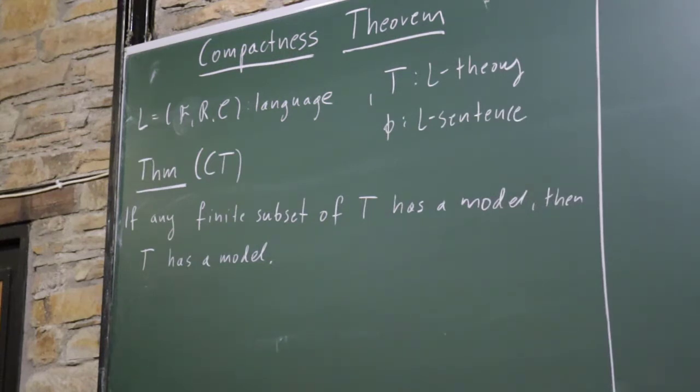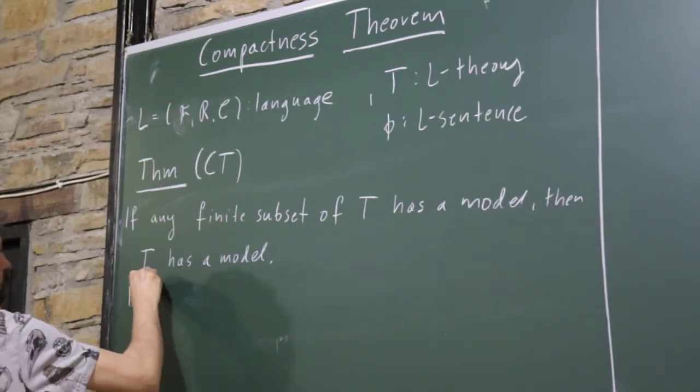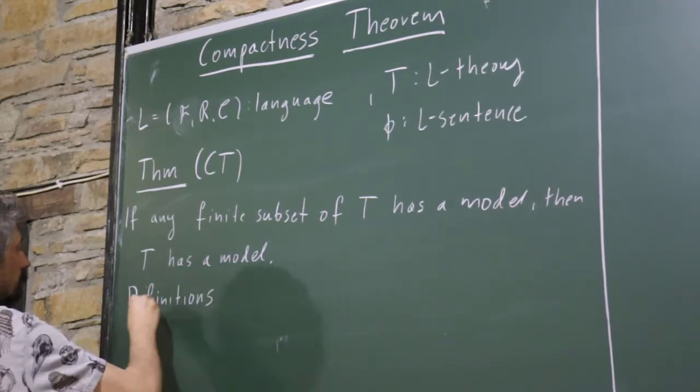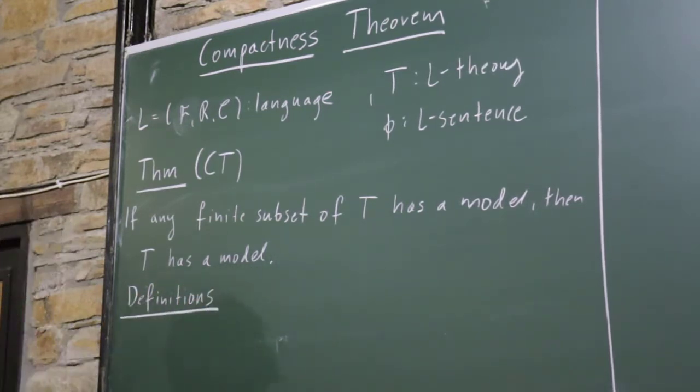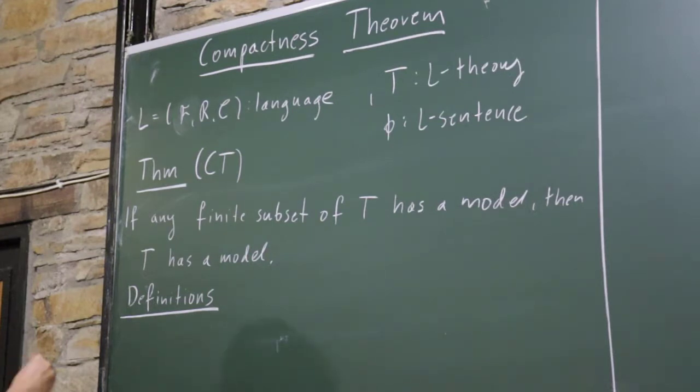I will try to keep everything on this board. Some of these definitions are important in general, some of them are mostly to prove this theorem, and they don't have such a big importance. The first one is important in general.